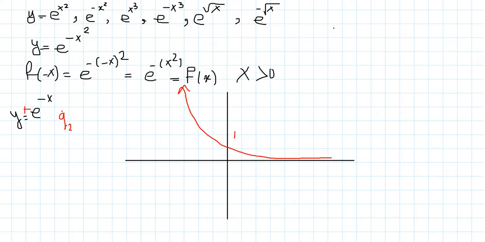It is 1 here, but I need the positive x part, so easily I should erase it, and reflect to the y-axis, because it is even. Sorry, it is not good. It is the graph of e to the power of minus x squared.